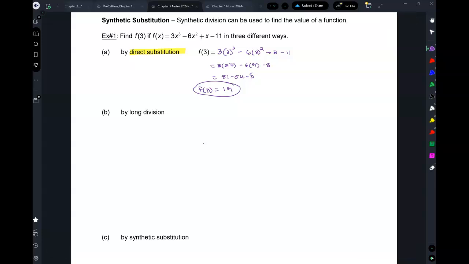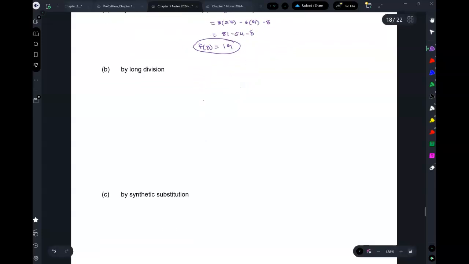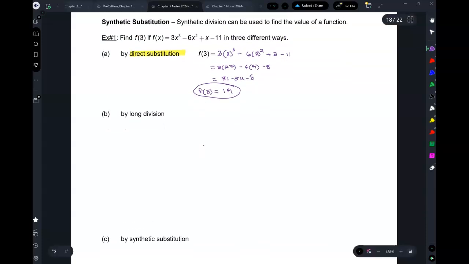So that's how we would do it. Okay, so we're going to now do it by long division. For long division, what do we have here? We want it at x equals 3, right? So how do you get x equals 3? It's when you have a factor which is x minus 3 that you set equal to 0.